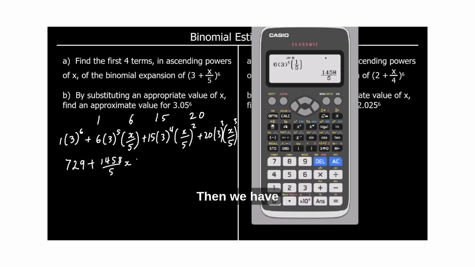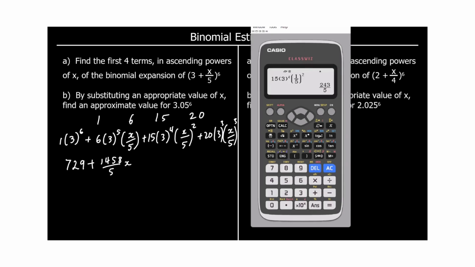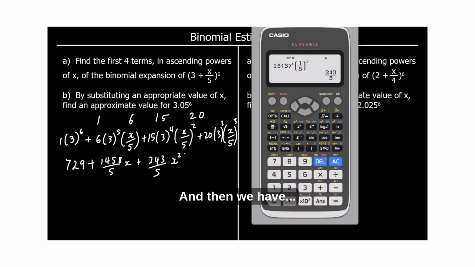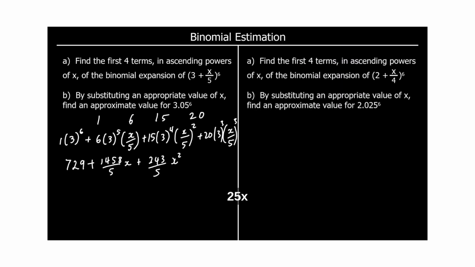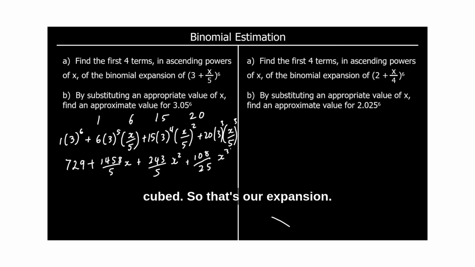Then we have our 1 over 5 x squared, our 3 to the power of 4, and our coefficient 15. 243 over 5, that's our x squared. And then we have cubed. The powers always add up to 6, and the coefficient 20. 108 over 25 x cubed. So that's our expansion.